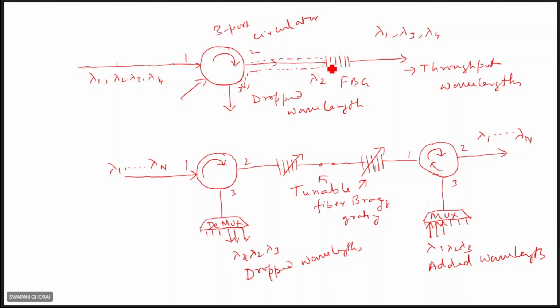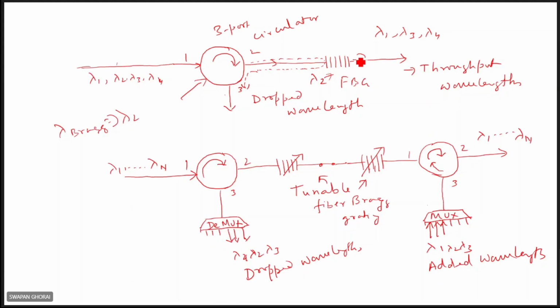The Bragg condition is satisfied for lambda 2 for this grating, lambda Bragg equal to lambda 2, so lambda 2 will be reflected back. Other wavelengths will be transmitted. You see lambda 1, lambda 3, lambda 4 will be transmitted as such. For them, it acts as a window.